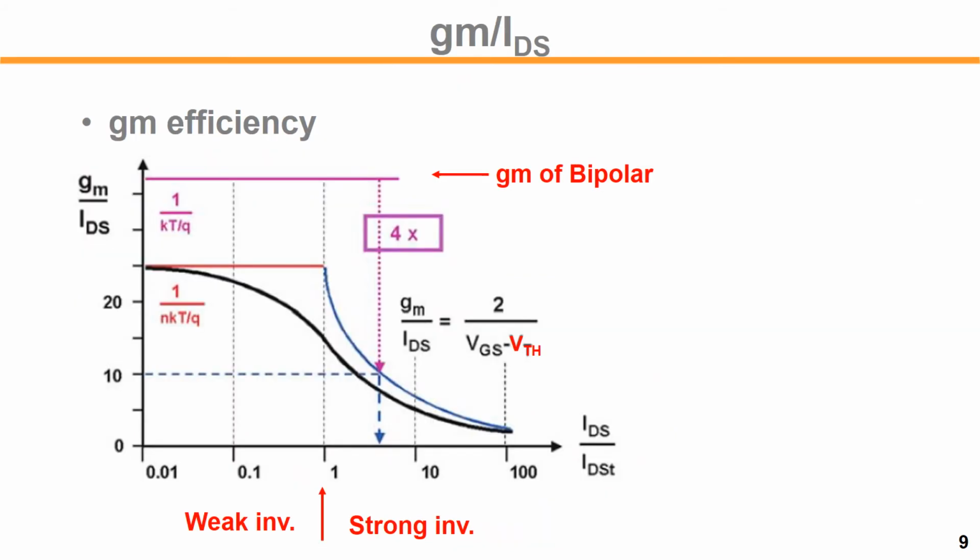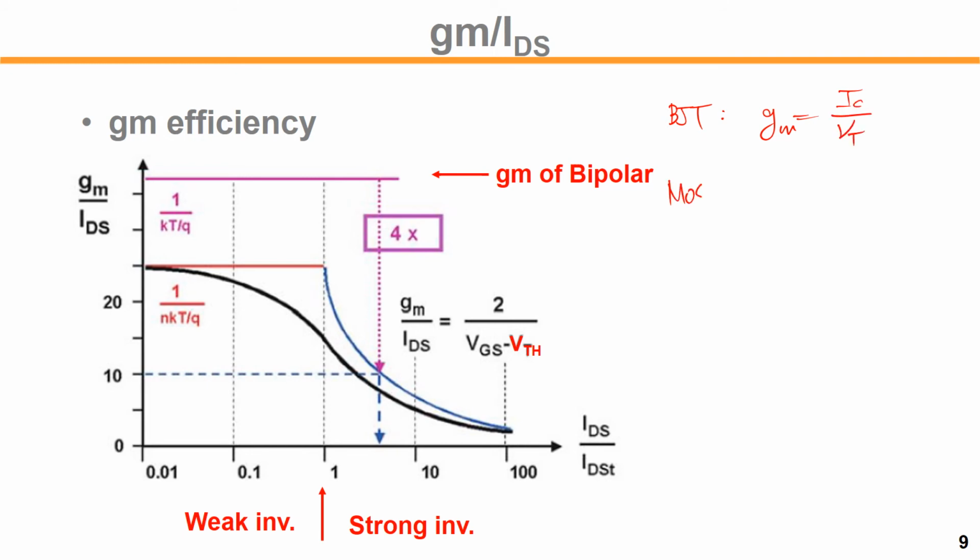This slide compares the gm efficiency between BJT and MOSFET. For the BJT, we know gm is IC over VT.